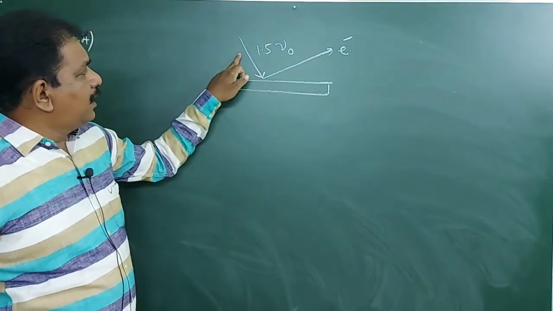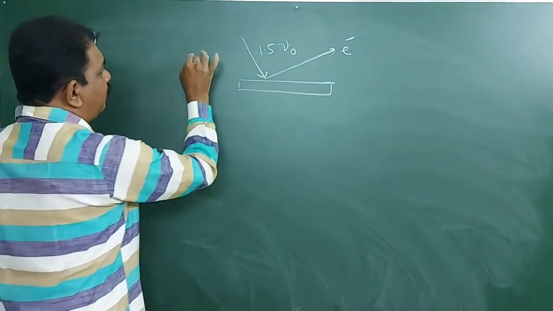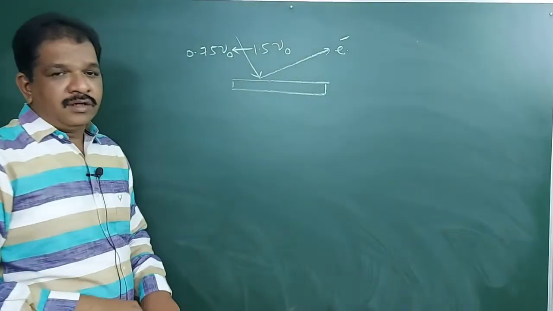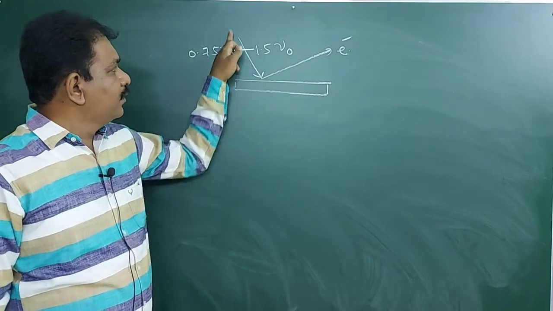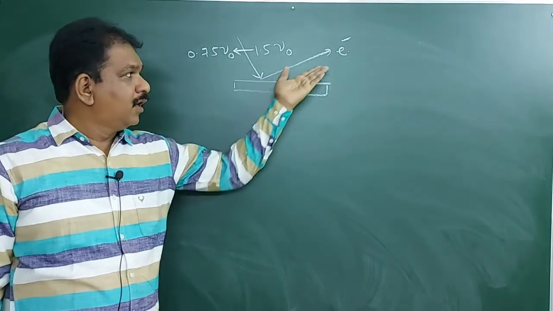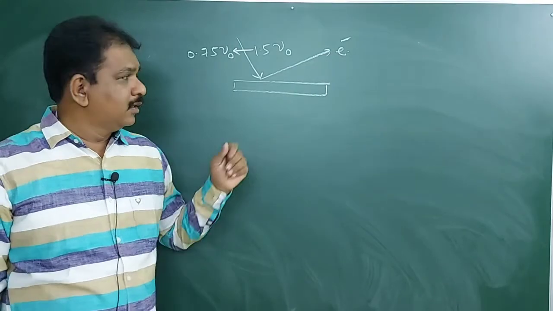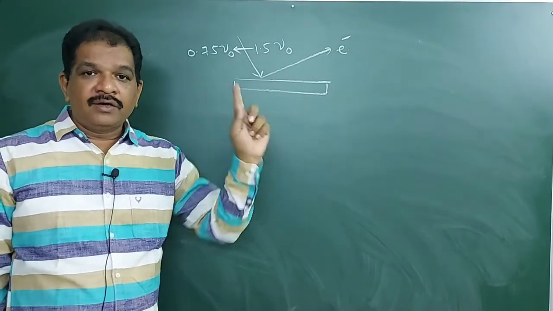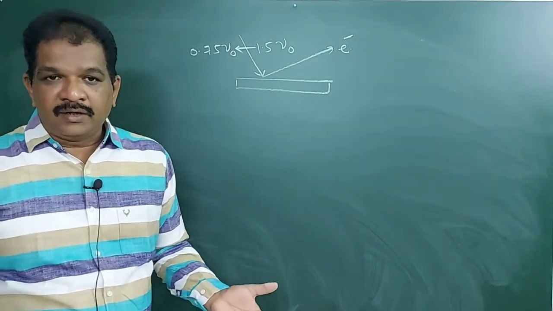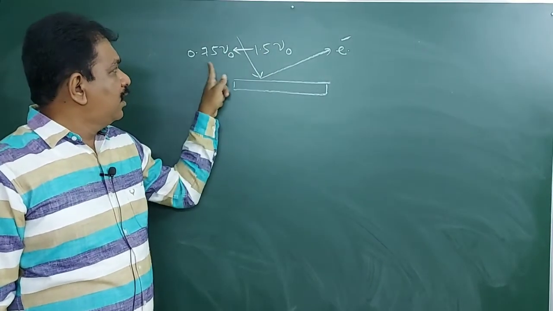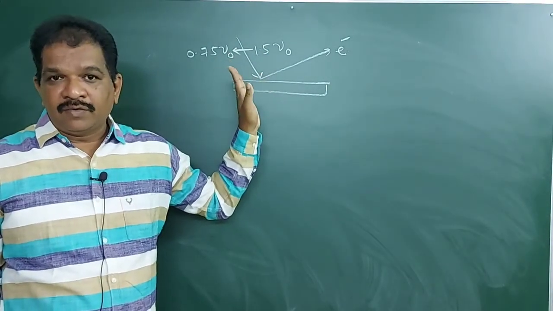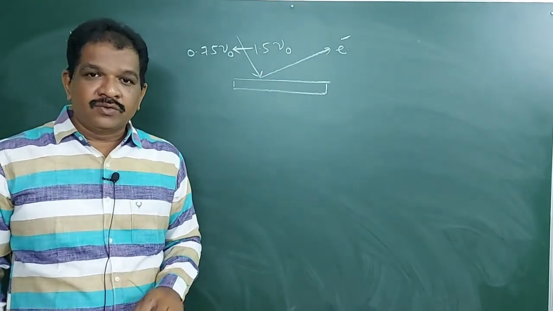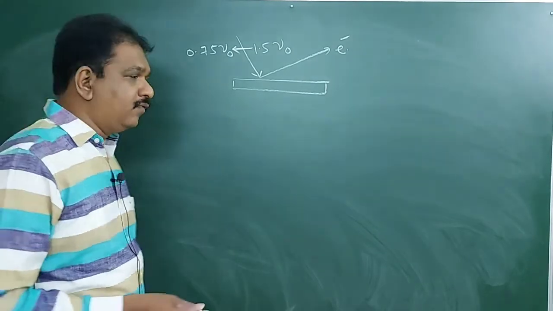I made the frequency half, that is 0.75 nu naught, and intensity double. How much current will be there? No current. Why? Because only if the frequency is nu naught or greater than nu naught will current come. The frequency halved becomes 0.75 nu naught, so the incident frequency is less than the threshold frequency. No current will be produced.